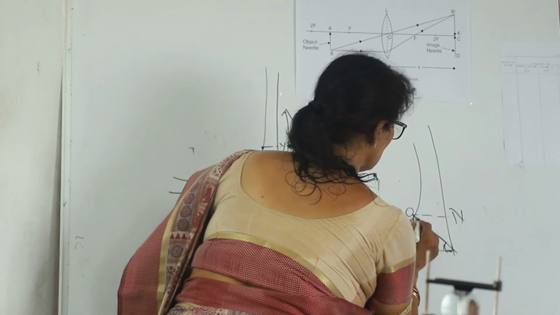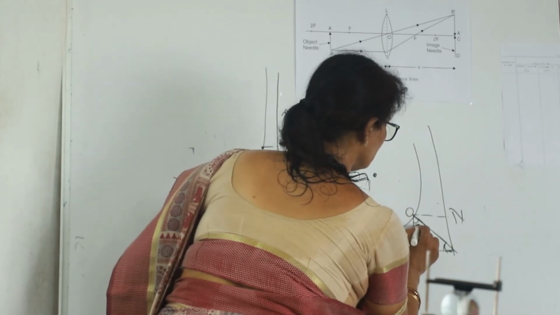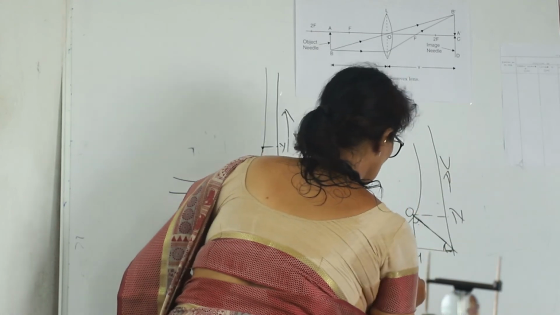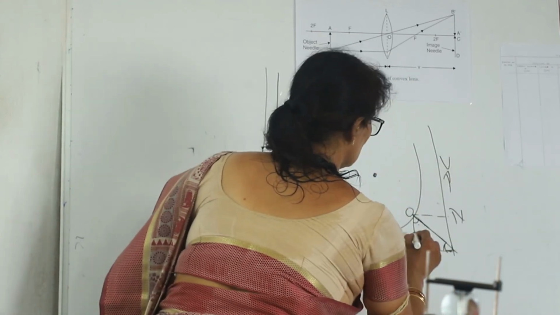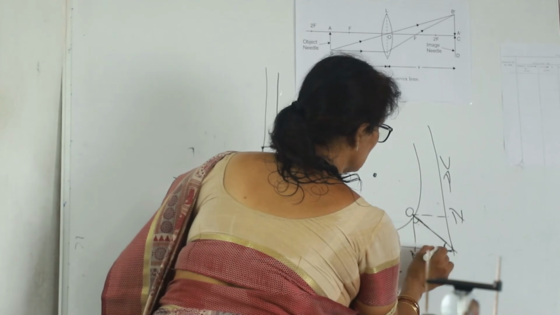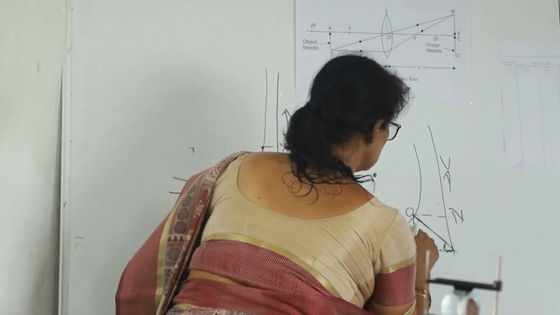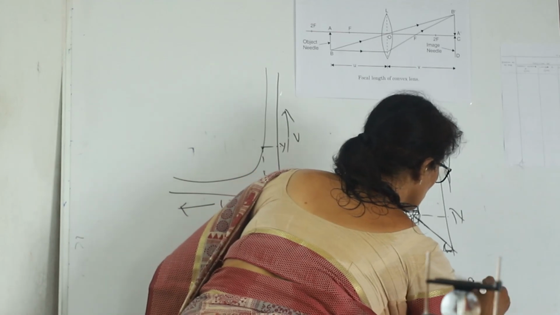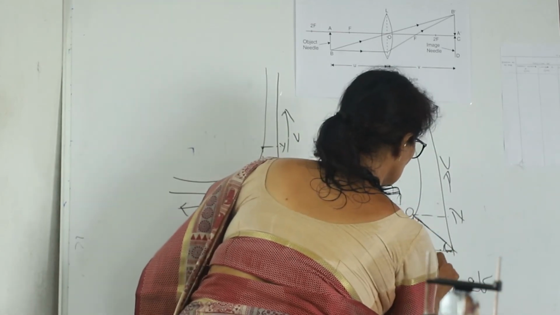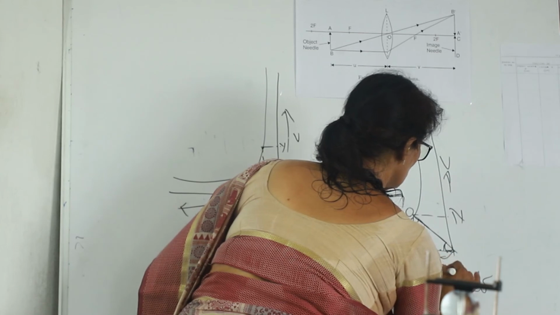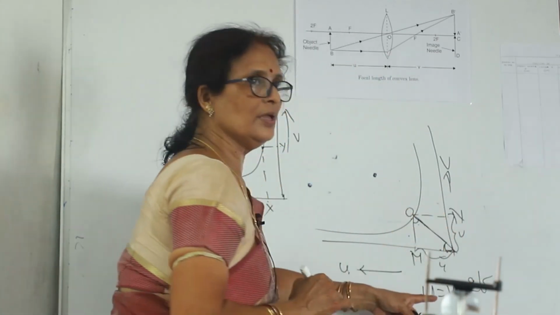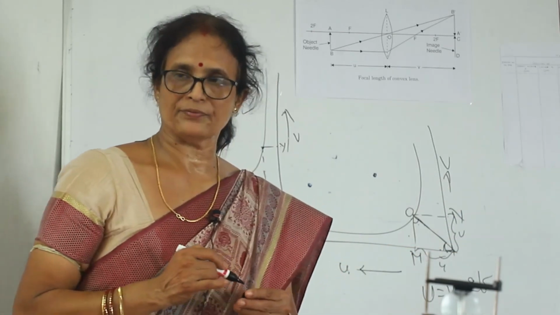As this angle is 45 degrees, this angle is also 45 degrees. That means here you have plotted v, here you have plotted u. As both sides are equal, that means u is equivalent to v. So u is equal to v is equal to 2f. This gives you u, this gives you v. So u is equal to v is equal to 2f. Then find f from the graph.